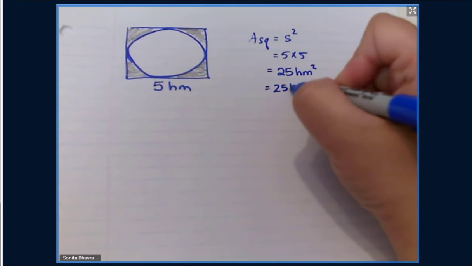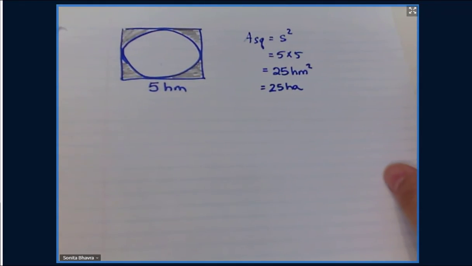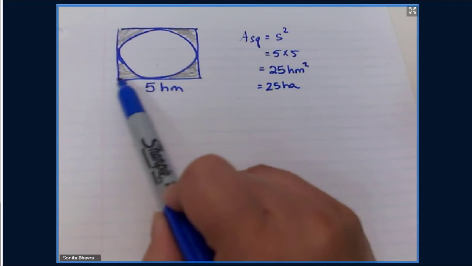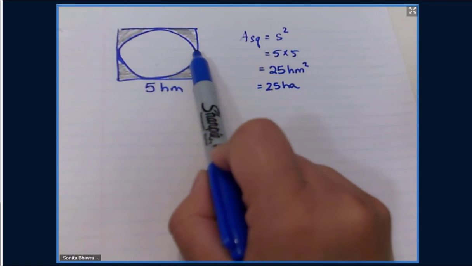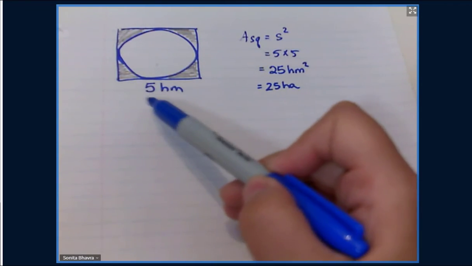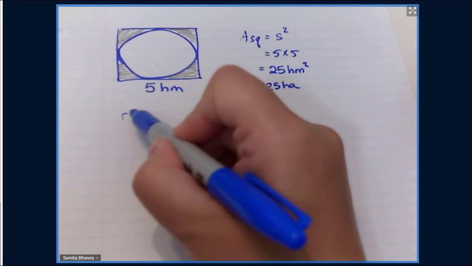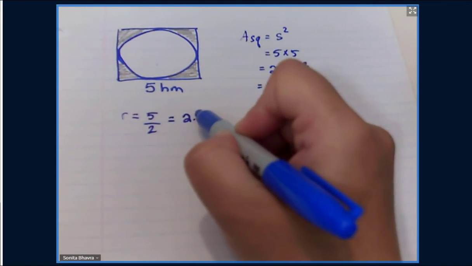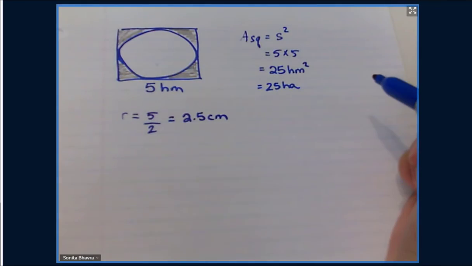It's 25 hectares instead of hectometers squared, but that's okay. Next, we have to figure out our area of the circle, so we can subtract that out. Because we have our side length here, it is also the length of our diameter. So our diameter is 5 hectometers. So therefore, our radius is going to be 5 divided by 2, which is 2.5 hectometers. That's our radius.